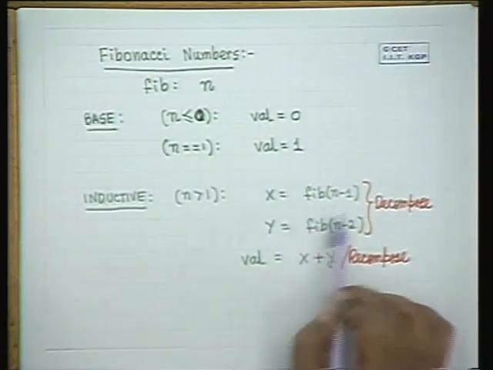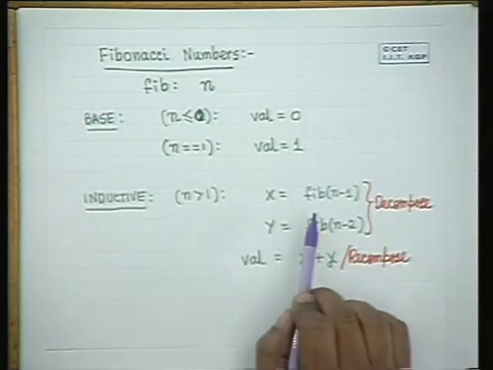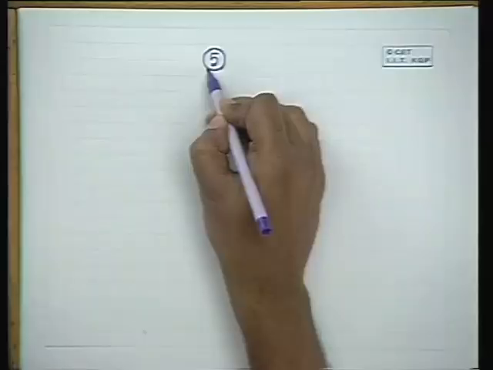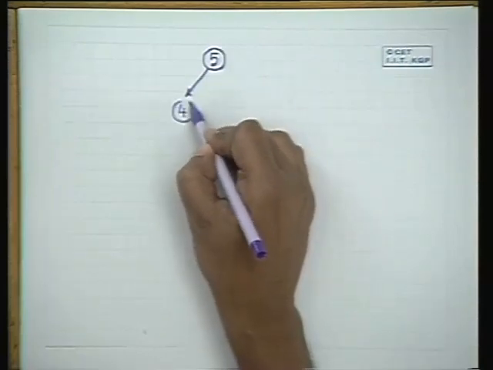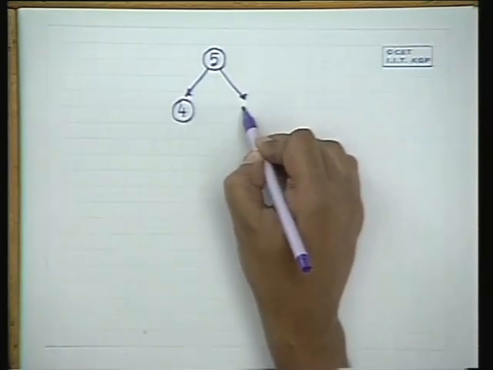When you look at it from the problem solving point of view, no efficiency, nothing, just whether it gives the correct solution or not, they are absolutely independent subproblems. So, you have to solve 4 and you have to solve 3.